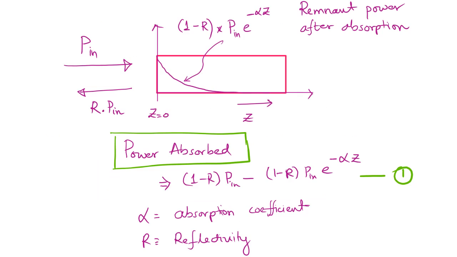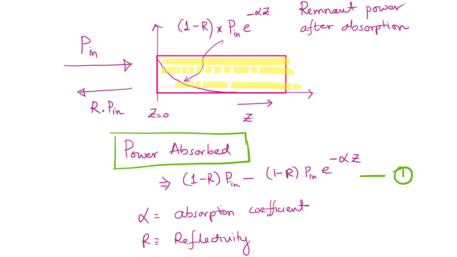So here I have the finite size of my detector material, indicated in this box. And what I have is the power input from the left. Because of the finite mismatch between the refractive index of the medium on the left and the refractive index of the detector, there is a finite reflectivity that one can associate with this interface. So the input power is reflected off by this finite reflectivity.